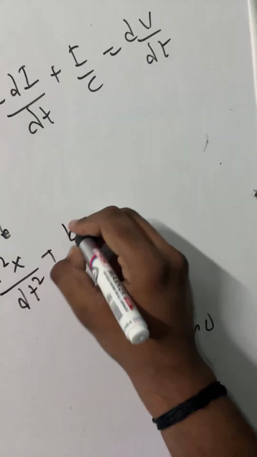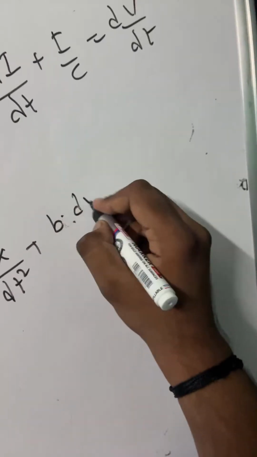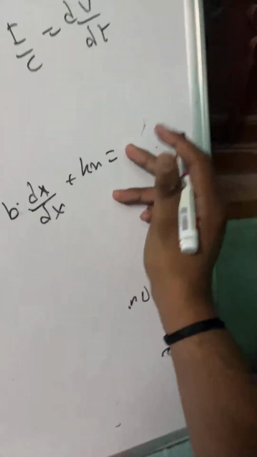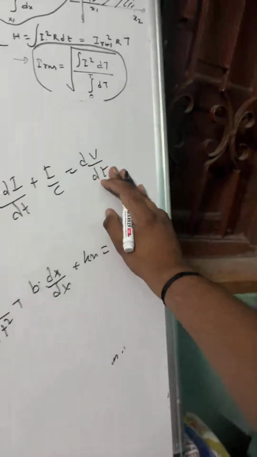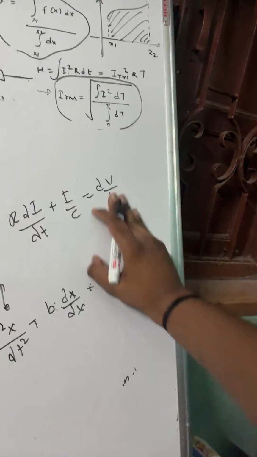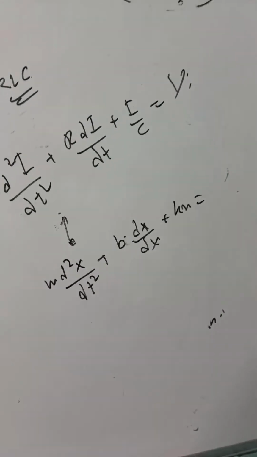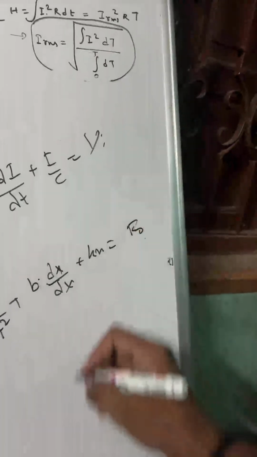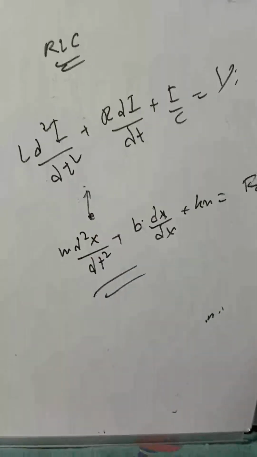It looks like this: m d squared x by dt squared plus b dx by dt plus kx equals f naught. It's the equation of a damped oscillation.